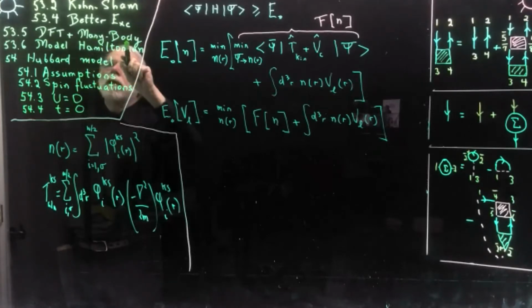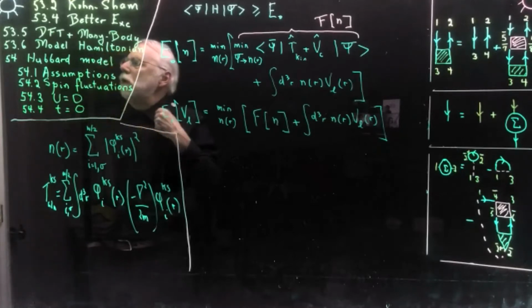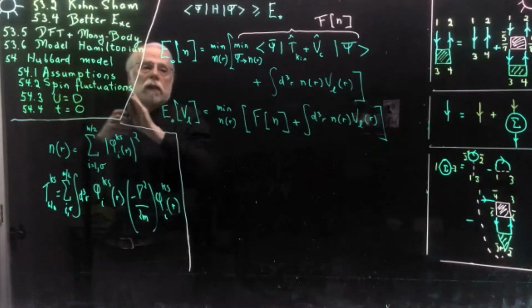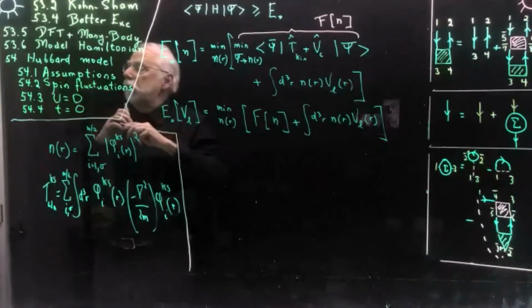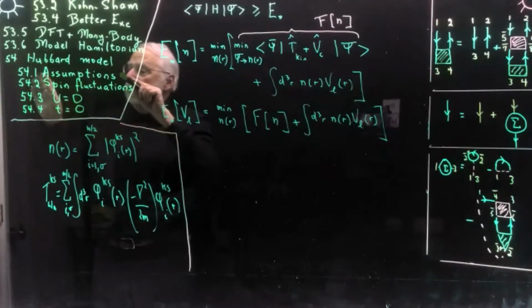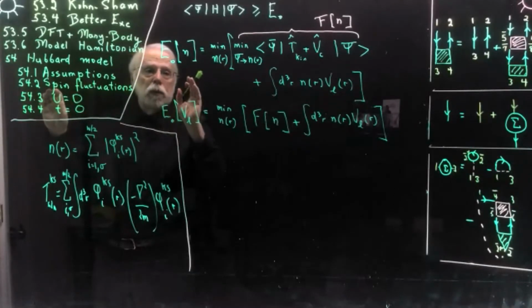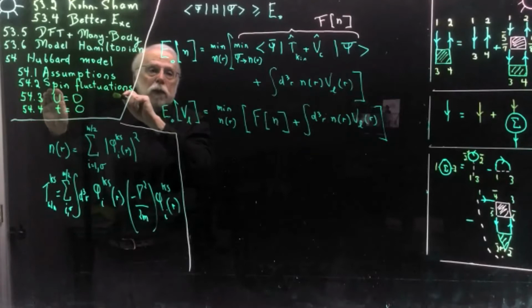And then we will move to model Hamiltonians: the Hubbard model, the Kondo model. I'll discuss what the model Hamiltonians are, what the assumptions behind them are, and that the new physics that we have not seen up to now is the physics of spin fluctuations. We have talked a lot about charge fluctuations, but not about spin fluctuations.